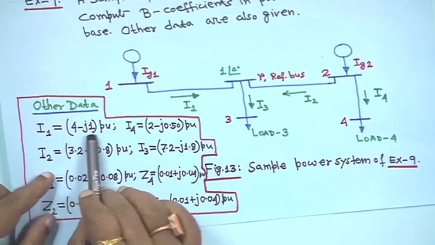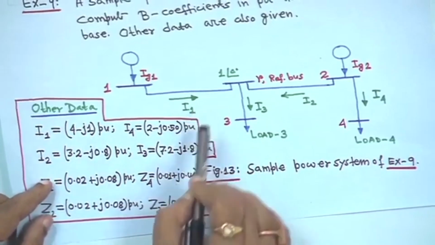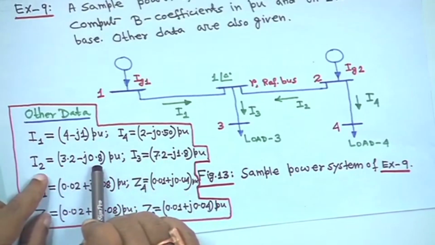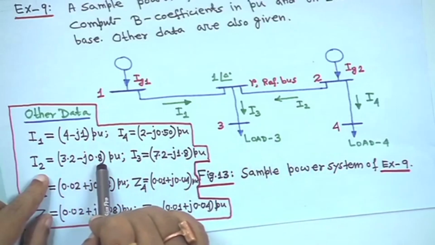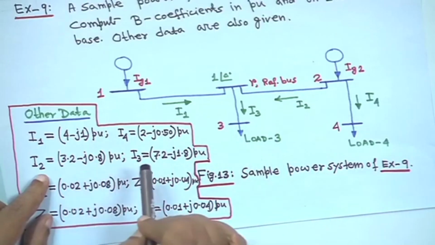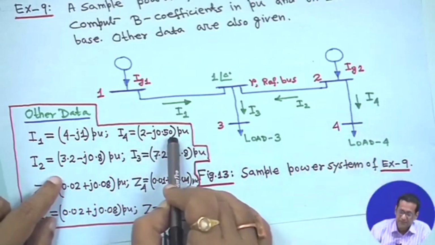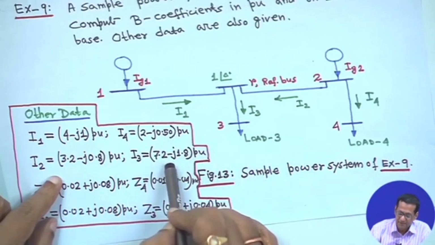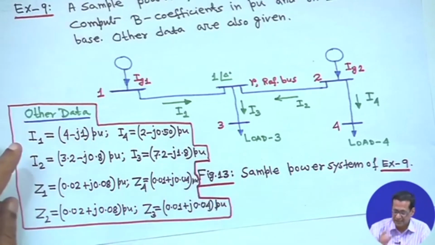Now, I1 is given as 4 minus j1 per unit, and I2 is given as 3.2 minus j0.8. This is the I2 direction. Then I4 is given as 2 minus j0.5 per unit, and I3 is given as 7.2 minus j1.8 per unit. These are given.